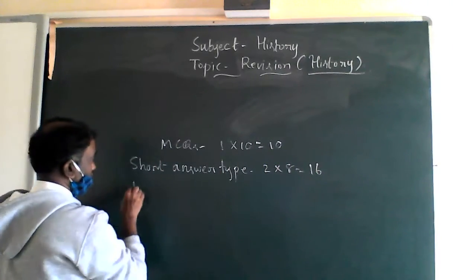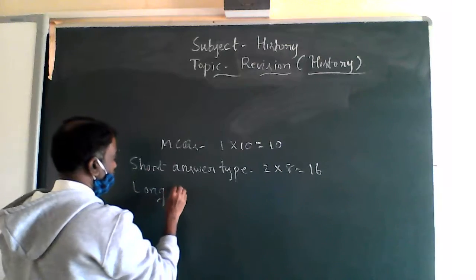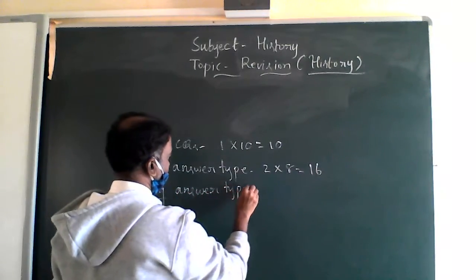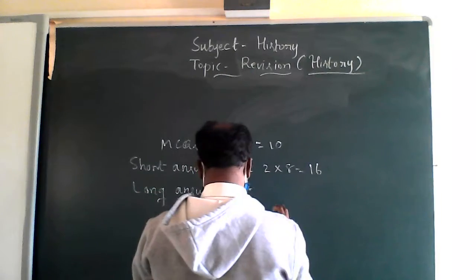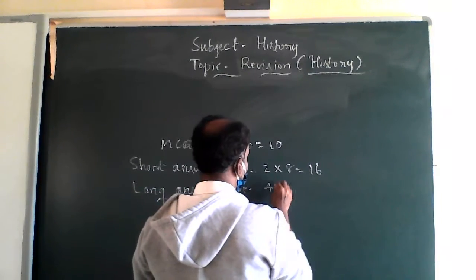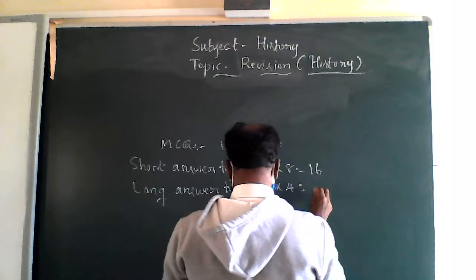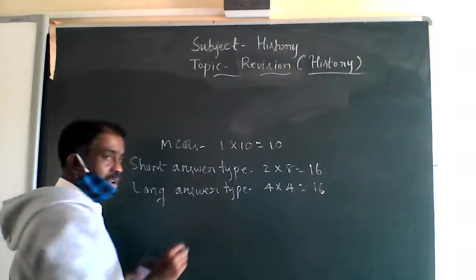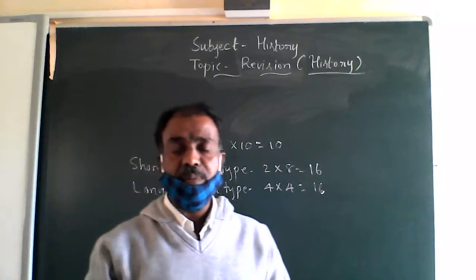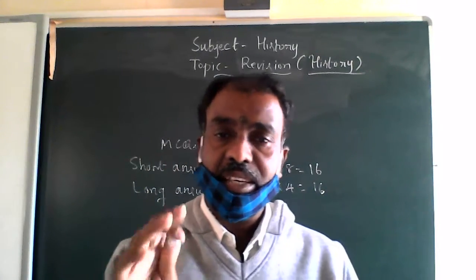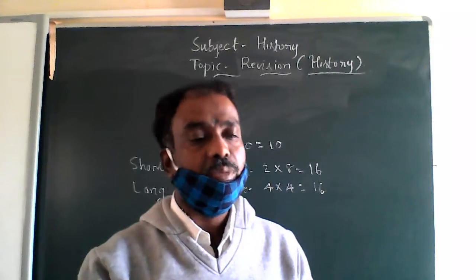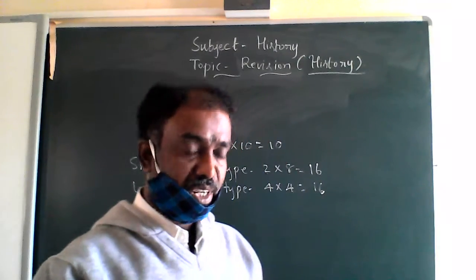And then long answer type questions, there are 4, each carries 4 marks. So again 16 marks. And there are define the following terms, which come from the keywords side. So you have to study all the keywords or the new words with the explanation also.